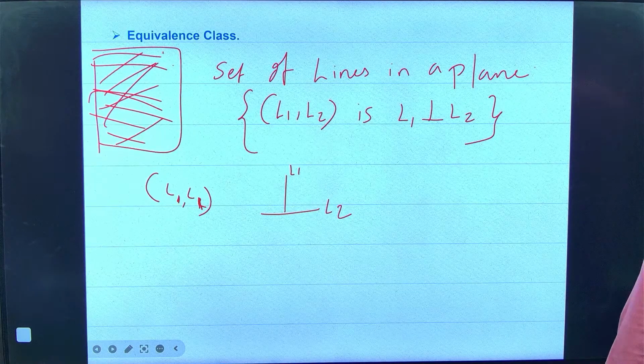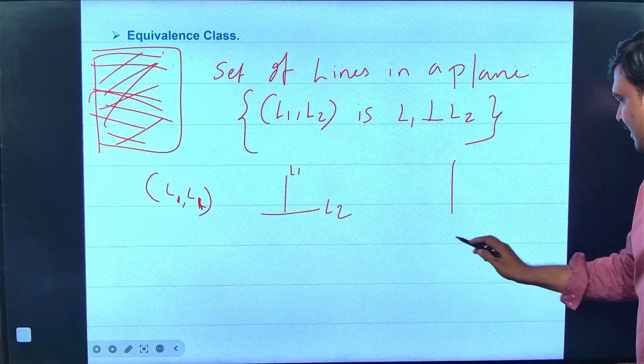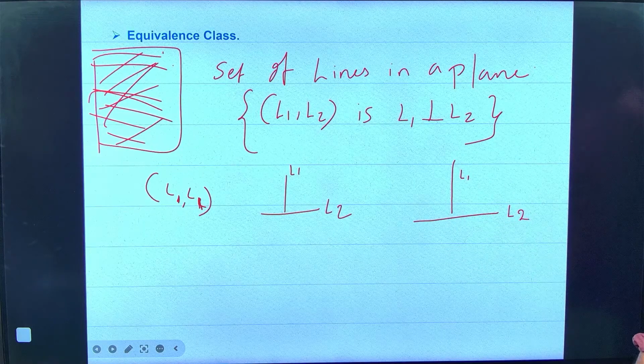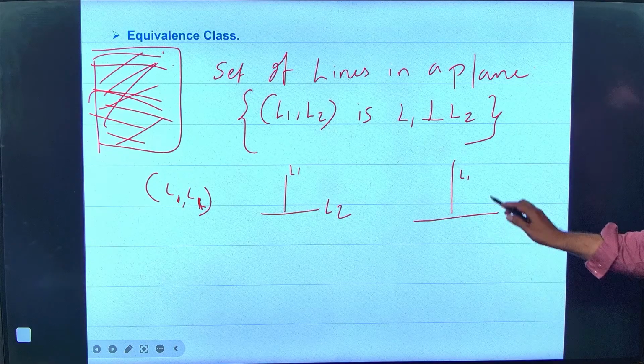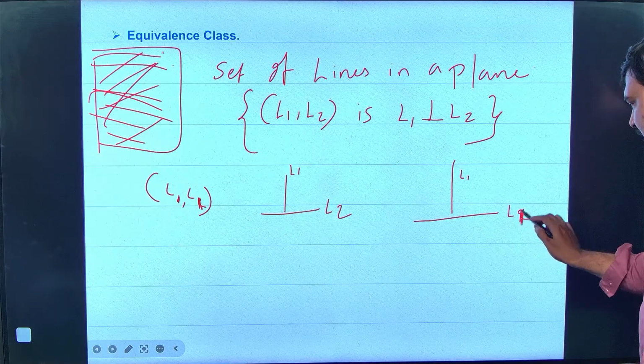Okay, not transitive? It's not transitive. Sure? Can you give the reason? I can say a reason. If I have lines, I'll take this as L1 and this as L2.